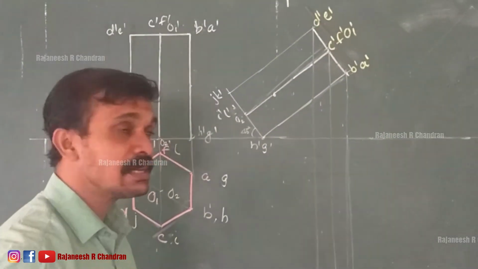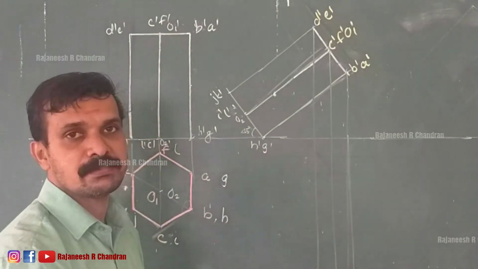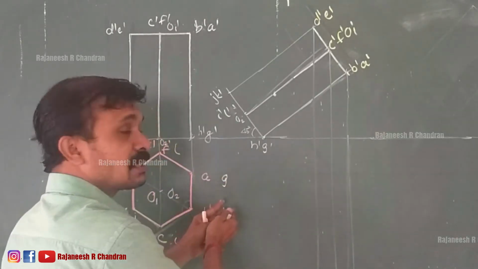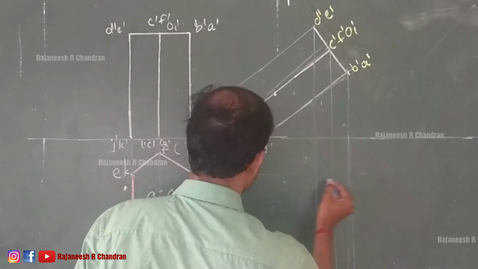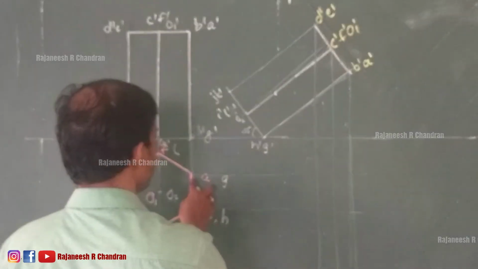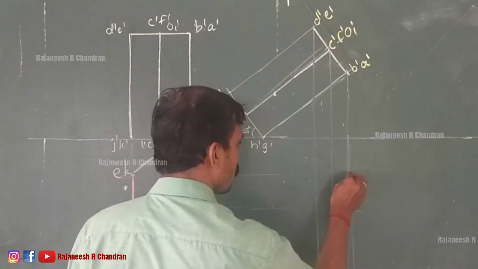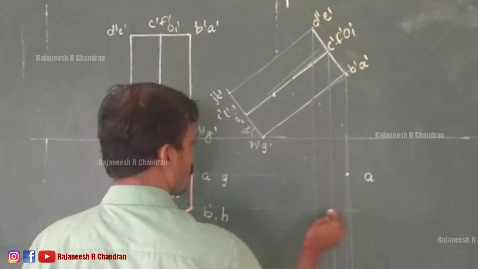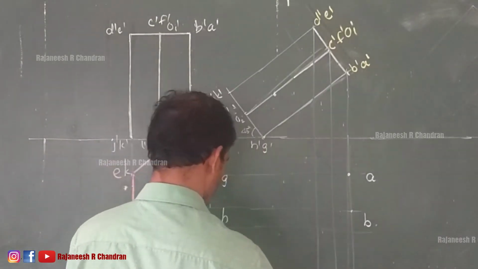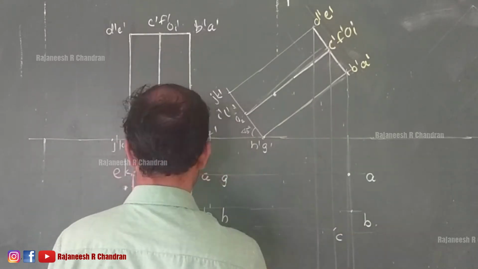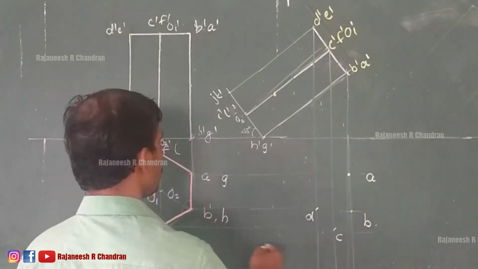I have already told that since this is a prism, the easiest method is to complete one base at a time. So we can complete this base and after that we can go for the next base. See, this is A dash and this is A. So this will be our A. Similarly this will be our B. So we have obtained C, this will be D because the projectors through D and B will be on the same line.